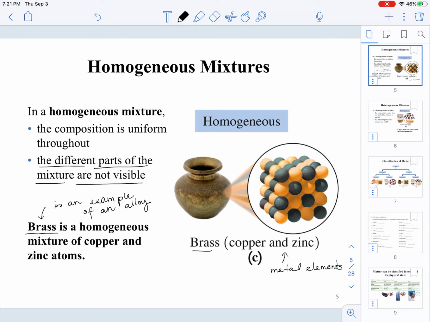copper and zinc, but understand that these are not chemically combined, in the sense that they don't have a bond. No bond is present in them.